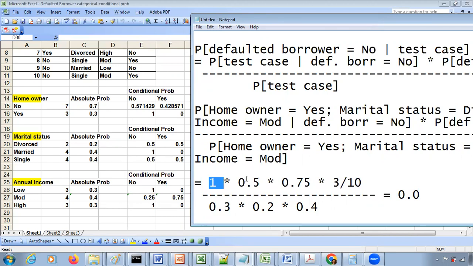And marital status is divorced and defaulted borrower is no, 0.5 is the probability, that's 1 minus 0.5. Income is moderate and defaulted borrower is no, that is 0.25, which is 1 minus 0.75. And there are 7 records with defaulted borrower status as no. The denominator is going to be the same, since it's the same test case.